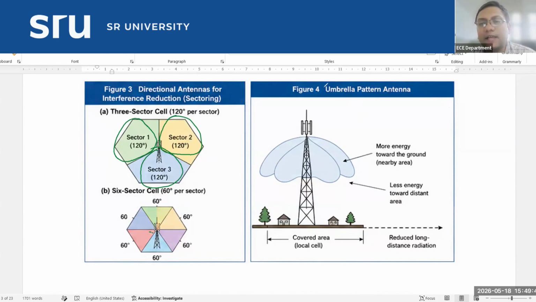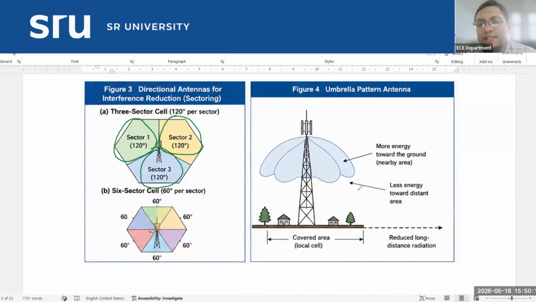Another technique is called the umbrella pattern technique. Umbrella pattern means the radiation pattern will be modified in such a manner that it will cover the cell towards the horizontal to some extent, but the radiation will not go outside the cell, because the main radiation will be tilted a bit towards a down angle.